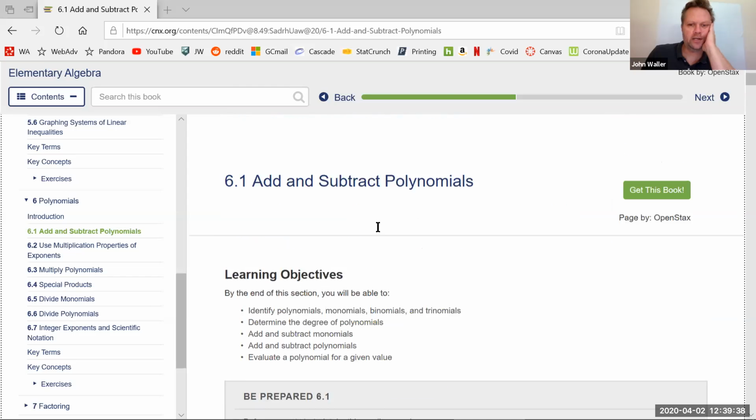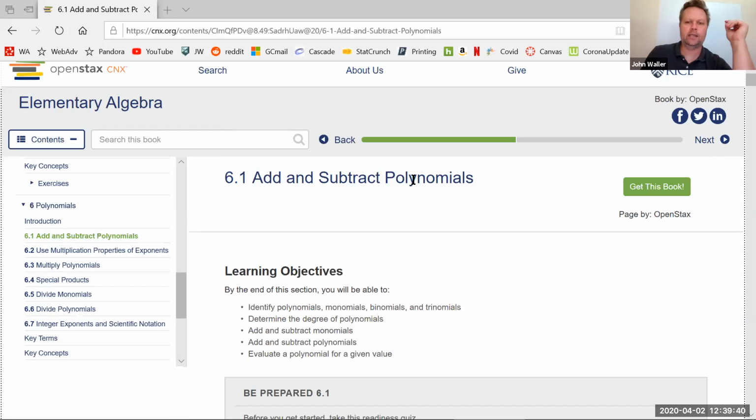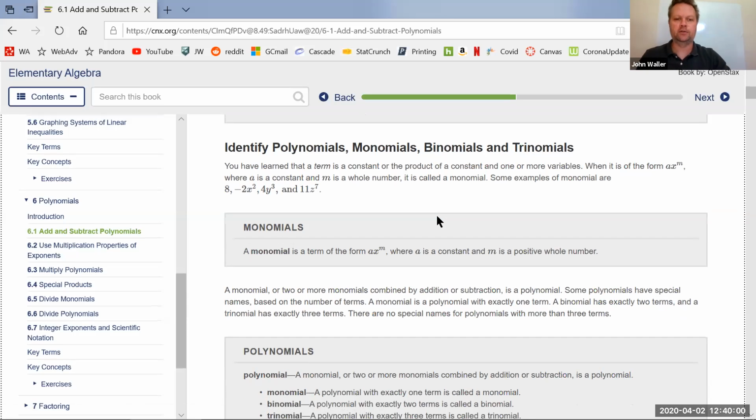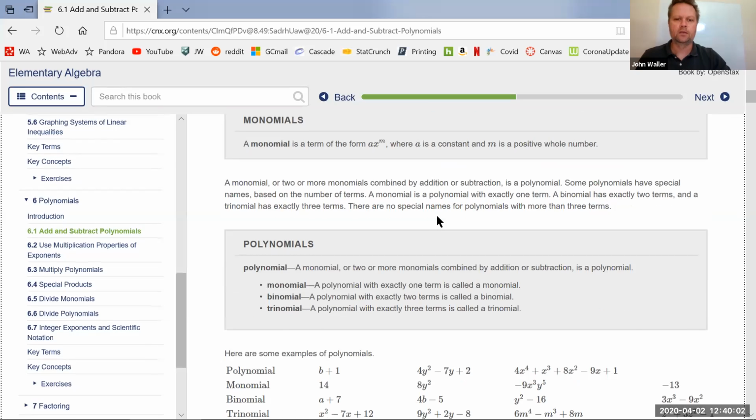So this 6.1 is really just about adding and subtracting polynomials, which is really just a rehash of like terms. But they do give some terminology related to polynomials. These names here, which hopefully sound familiar, the degree of a polynomial, and so forth. So look down here.